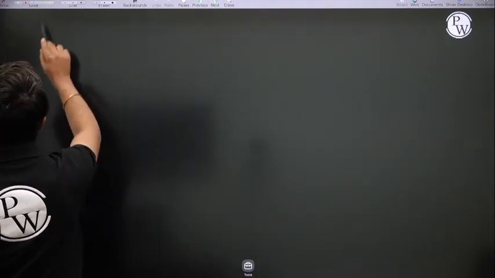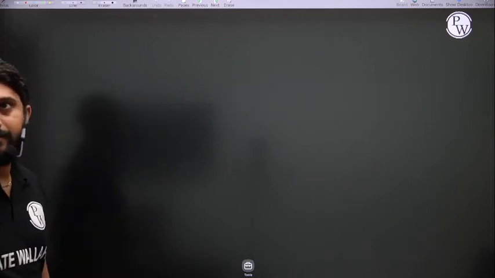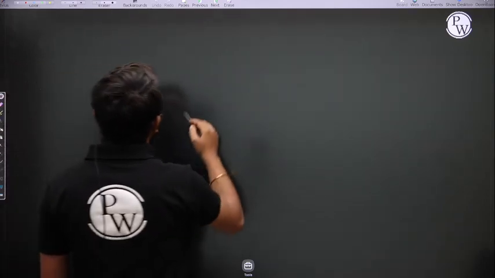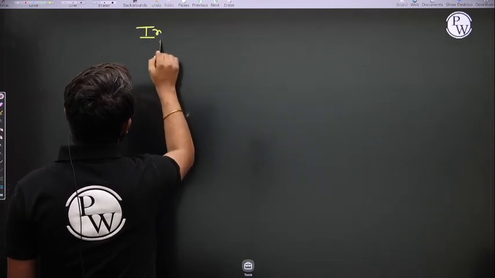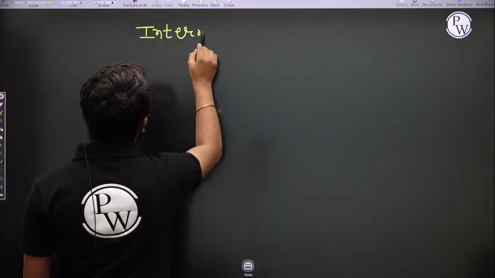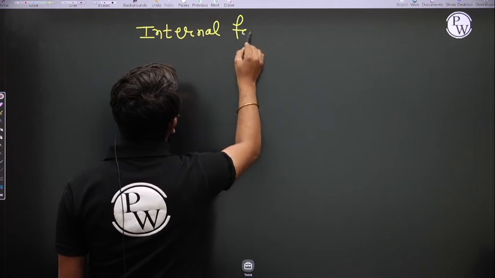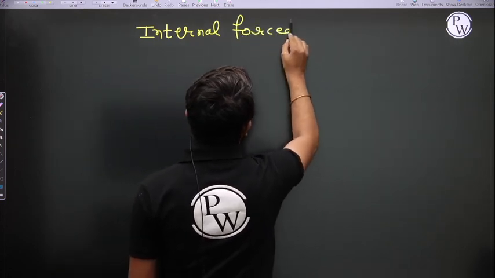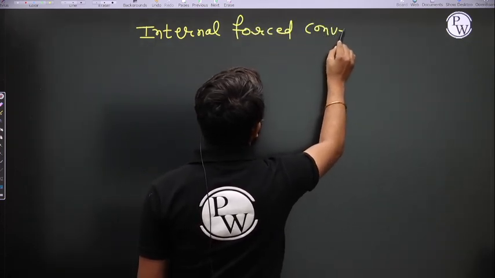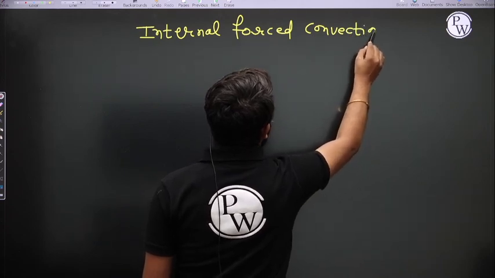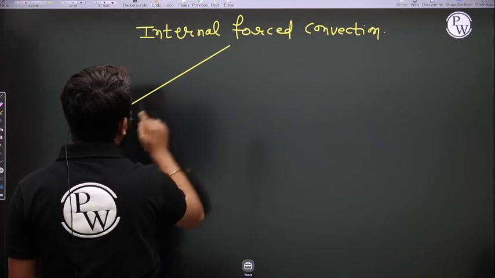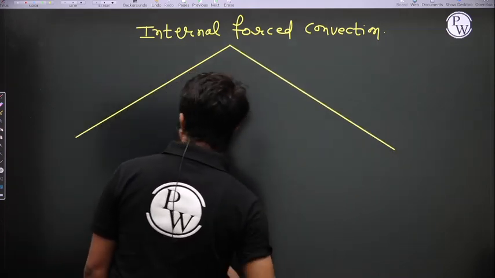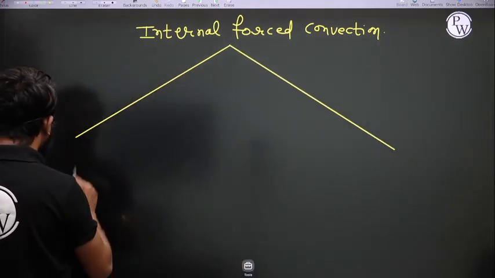Now come to the empirical relations. In the case of internal forced convection, there are two cases.